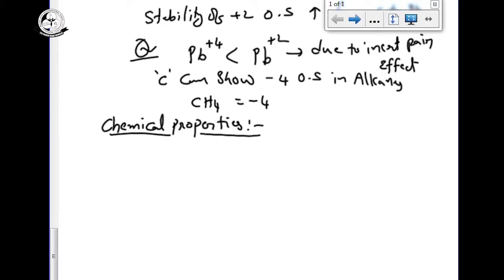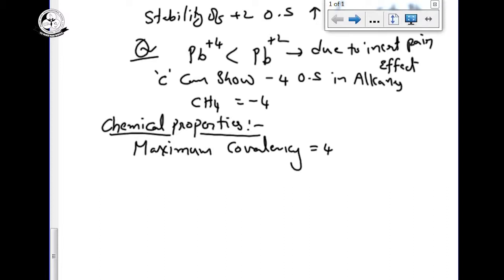Whenever we discuss chemical properties, we first have to see what the maximum covalency for this group of elements is. Maximum covalency is 4. Why? Because it has 4 valence electrons, so the maximum covalency is 4.